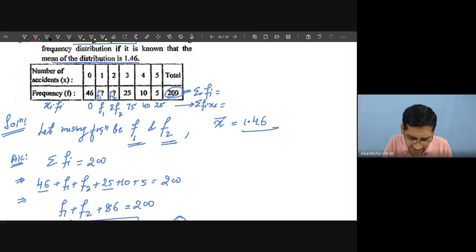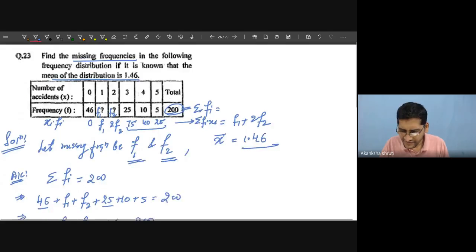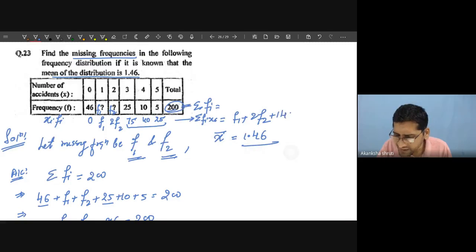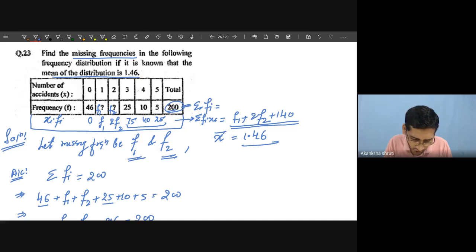One is 0, another is F1 plus twice of F2 plus 75 plus 40 plus 25. Okay, student? So it becomes 140 plus 140. So how have I calculated? By adding this column that we have added here. You will write it vertically, though I have done it horizontally itself.